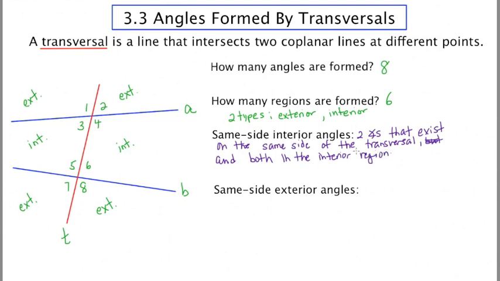Okay, so let me read that again. Two angles that exist on the same side of the transversal and both in the interior region.